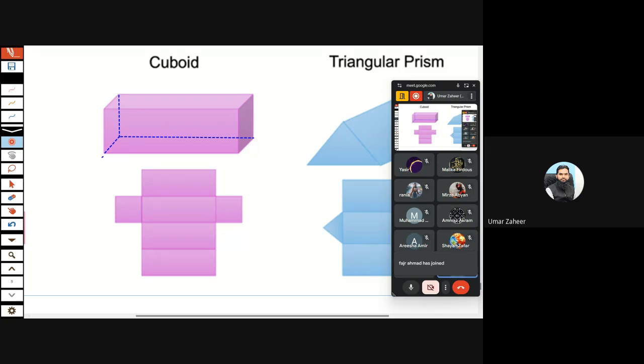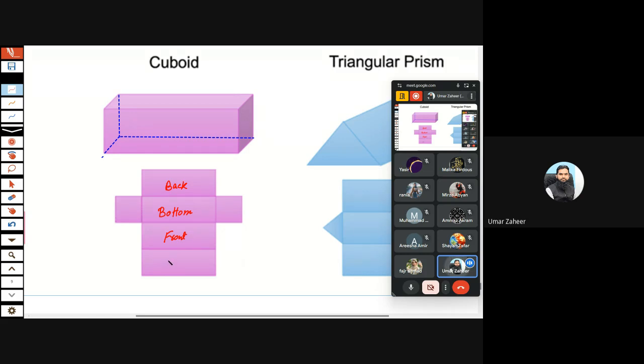Again, in the cuboid, we have six faces as well. First of all, we have the bottom surface. It is your bottom. Yes, Yase, which side is this? It's the back side. Yes, Malaika, what is it? The front side. It is your front side.